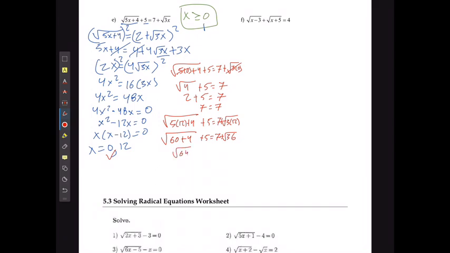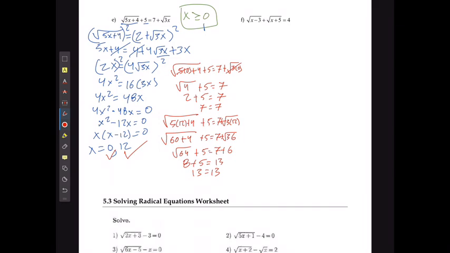The square root of 64 plus 5 is going to equal 7 plus 6. 8 plus 5 is equal to 13, or 13 is equal to 13. And this is the first case we've gotten where they actually both work, which is a possibility.